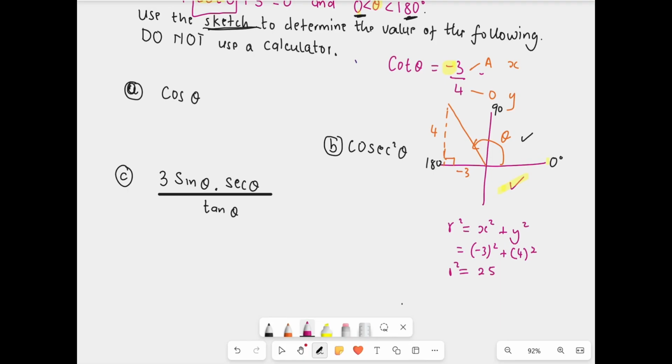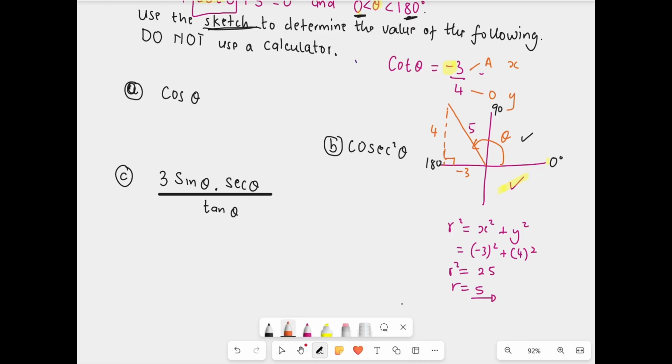This is r squared. Then we put a square root on both sides. R is always positive, so r is equal to 5. Now we do have our x, our y, and our r. Once you have your x, your y, and r, you can calculate anything.